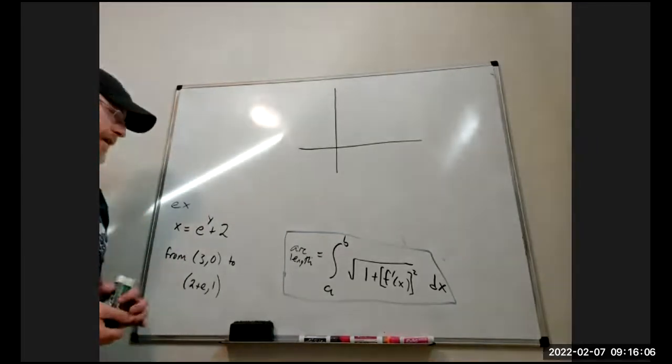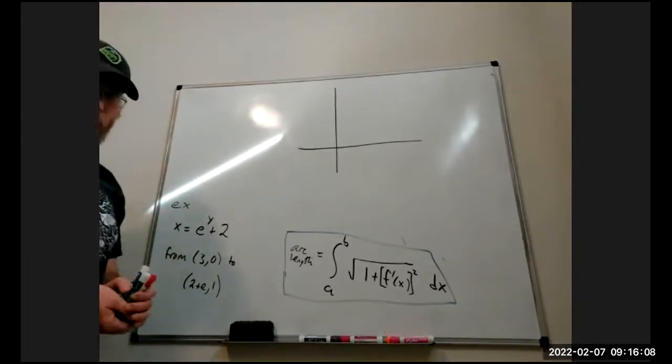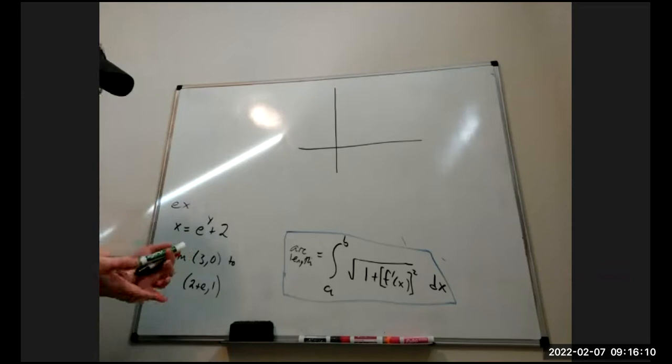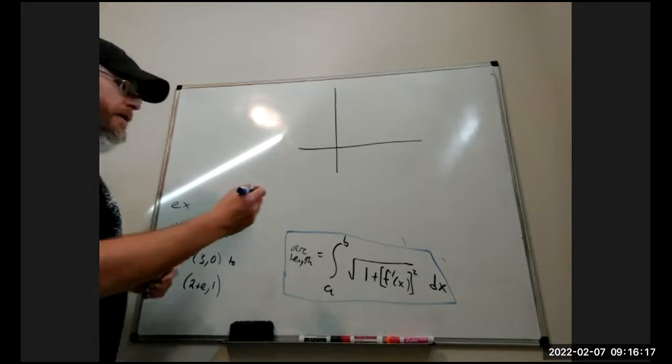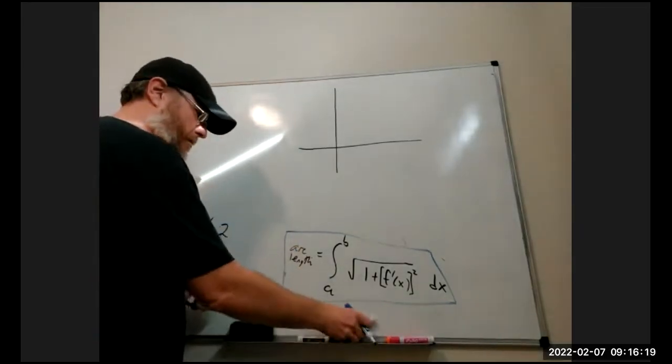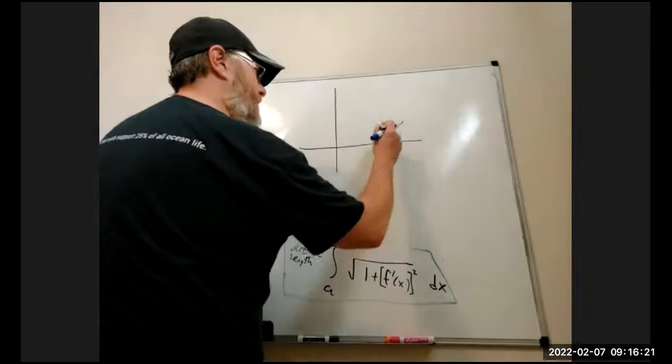Thanks for mentioning that. If you think about e to the x plus 2, but then we flip it, what this is going to look like is something along the lines of this.